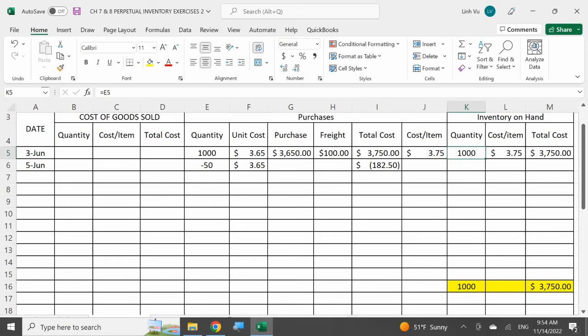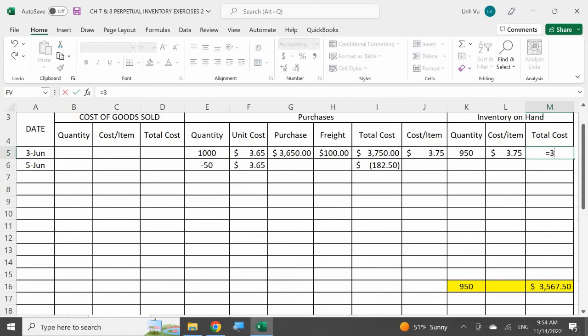And what I'm going to do here is I have to subtract that out from here. So 1,000 minus 50 will give me 950. And then I need to subtract this one too. 3,750 subtract 182.50 is going to give me $3,567.50. Okay?